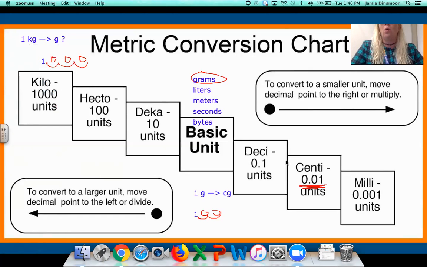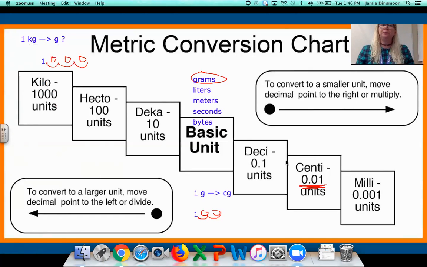are in 1 gram. Another thing you might want to think about is, okay, if we have something that's smaller, are we going to have more of a small thing or less of a small thing? That's kind of a confusing question. More or less of a small thing? You're thinking, I don't know. Right? Well, it makes sense.